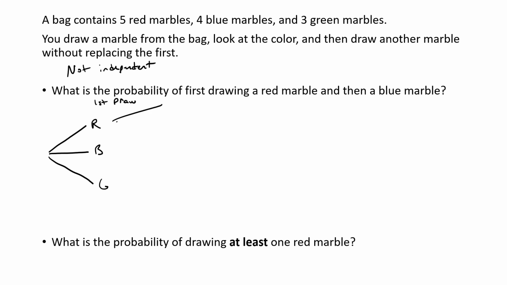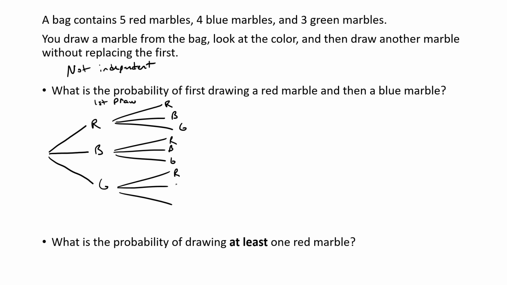And from there, you could draw red, blue, or green; red, blue, or green; red, blue, or green. There are a lot of different outcomes here, but the tree is going to help us organize those probabilities.